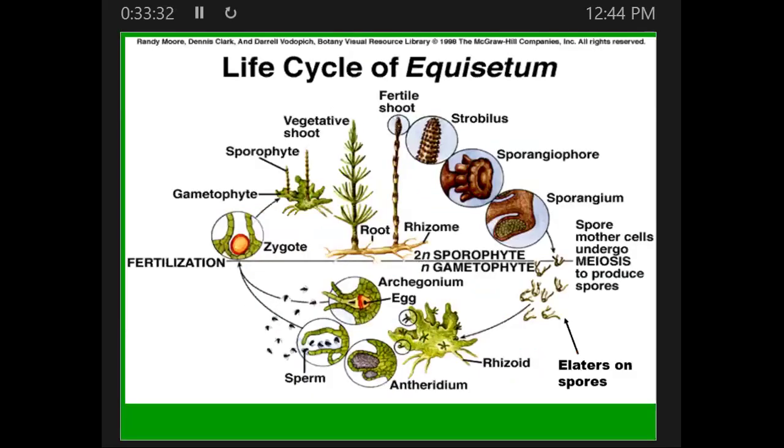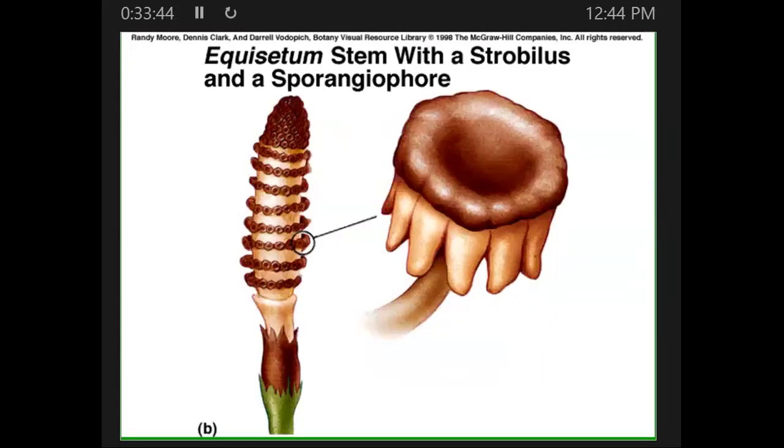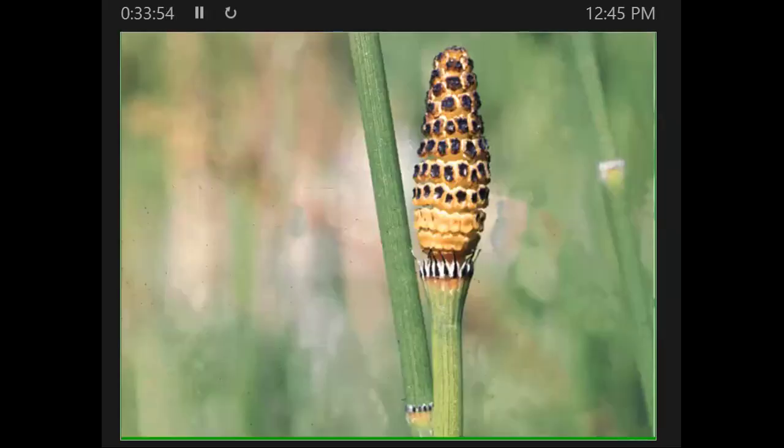This is another image from a different book, a little bit easier to see and maybe study off of. And a close-up of the strobilus. So kind of an ornate design for a strobilus, a little fancier than what we've seen on the other groups of plants. When you look at the stem, these are the so-called fertile stems that have a strobilus.